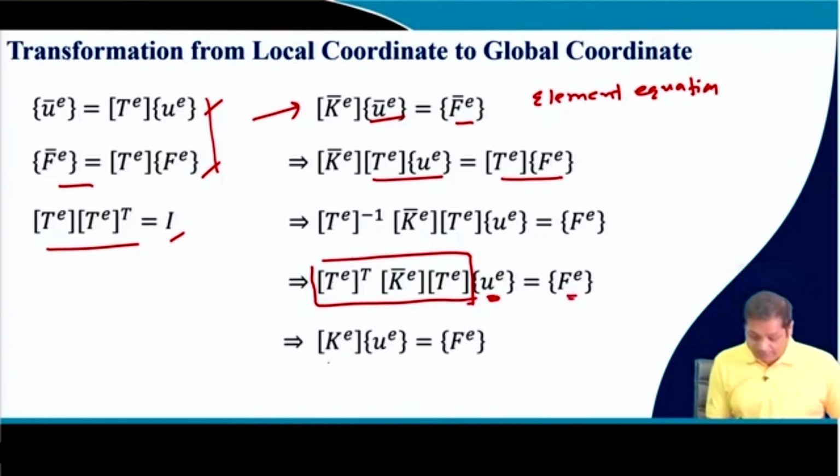This becomes KE. KE is the stiffness with respect to the global coordinate system, which is essentially equal to TE transpose K bar TE. T is the transformation matrix.